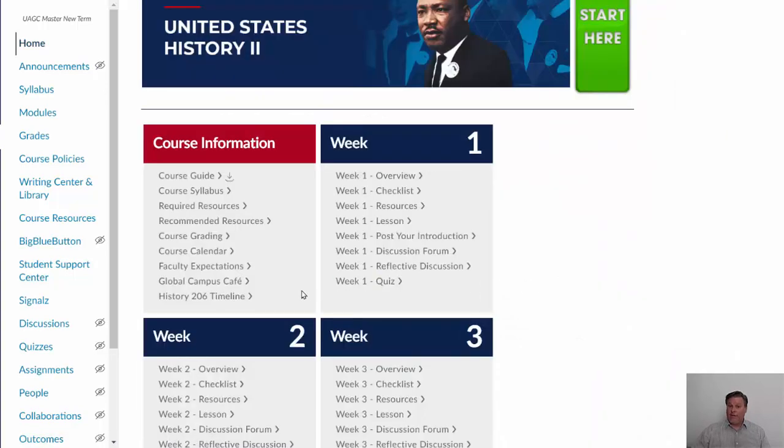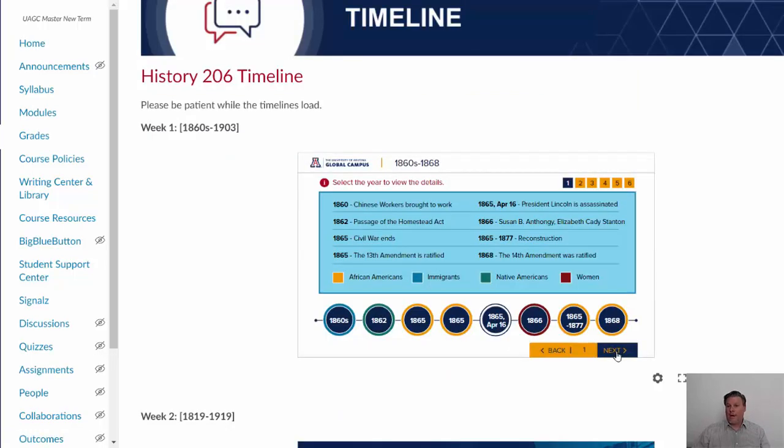If you need a review of the different events that each group experienced, please check out the History 206 timeline. Remember, this is color-coded by group, which will help you navigate through the timeline quickly.